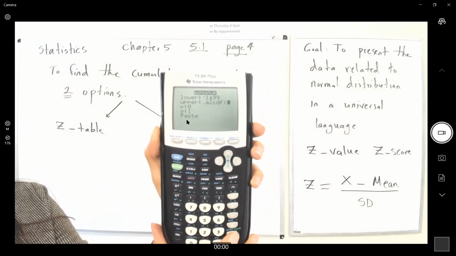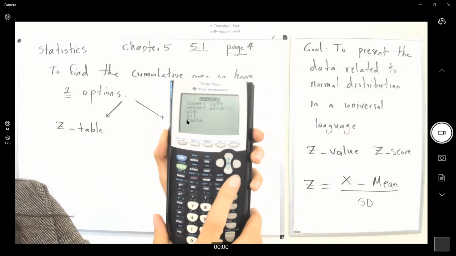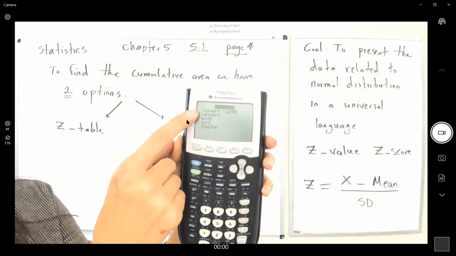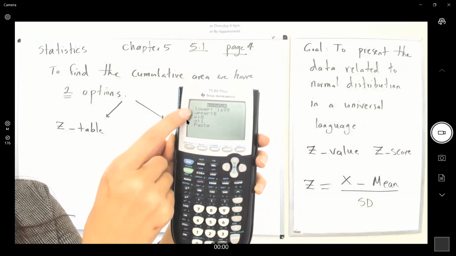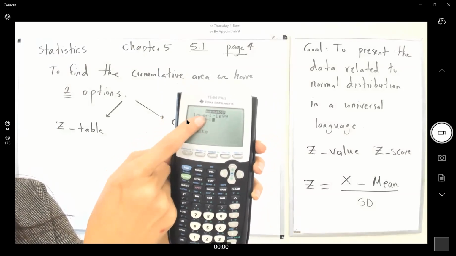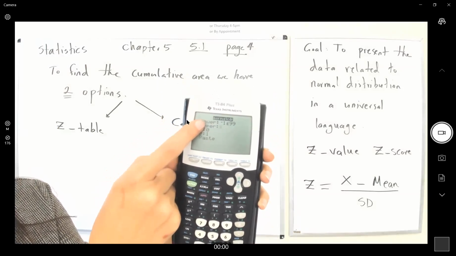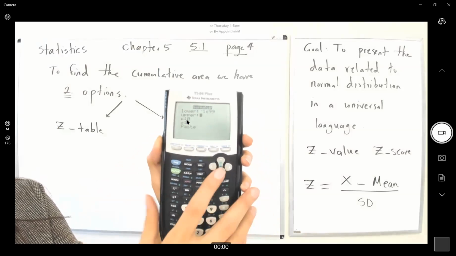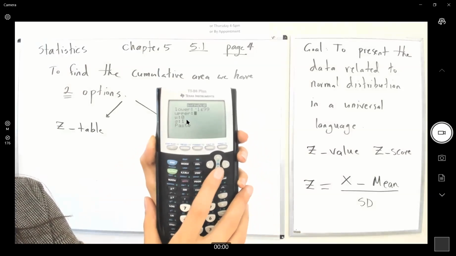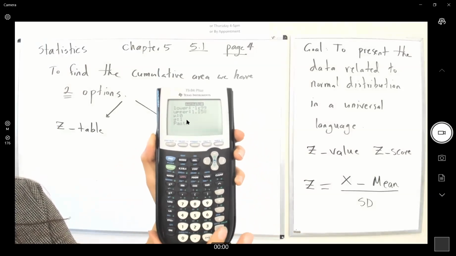The lower limit, leave your lower limit as it is. If it's not set to this number, you can use -1000. This is your lower limit on the left-hand side. For your upper limit, you're going to use 1.15, the number z.